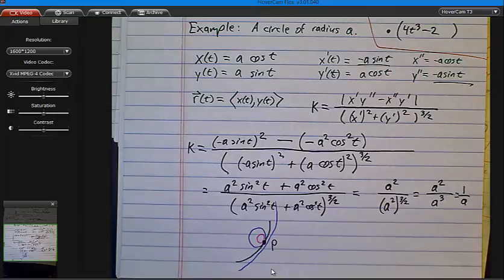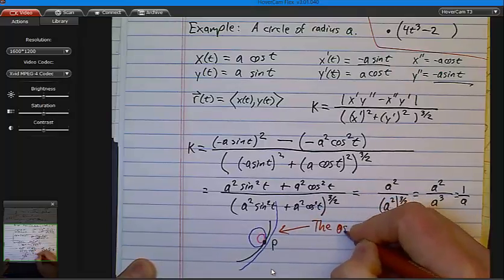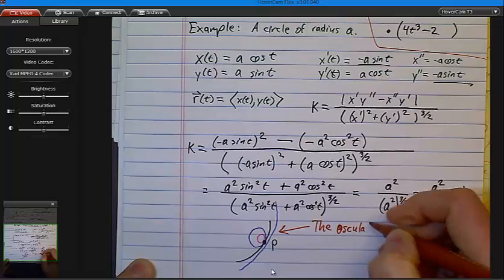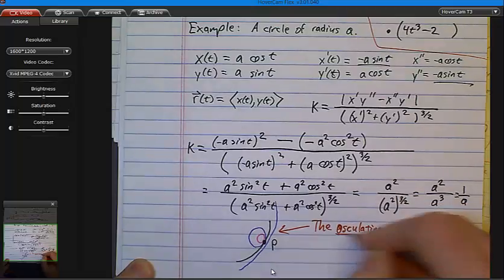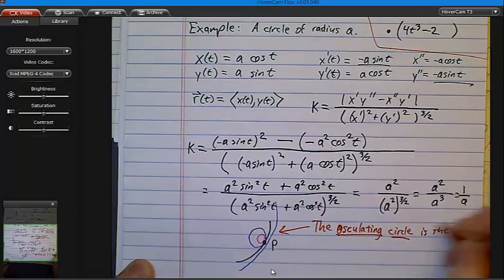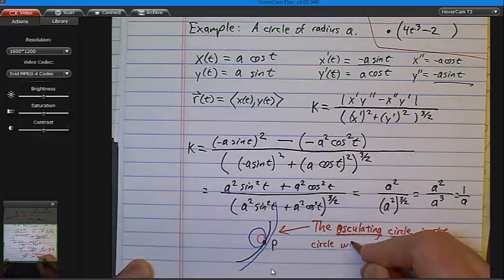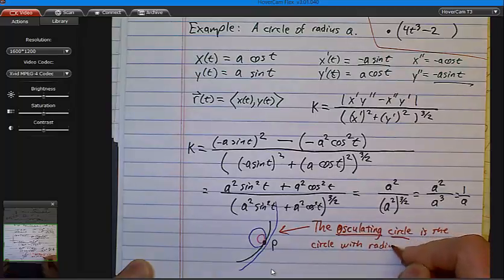Because we learned that curvature of circles gets bigger or smaller, right? And actually what you want, okay, so there is a unique circle, okay? The osculating circle, or the circle of curvature, the osculating circle is the circle with radius 1 over the curvature.